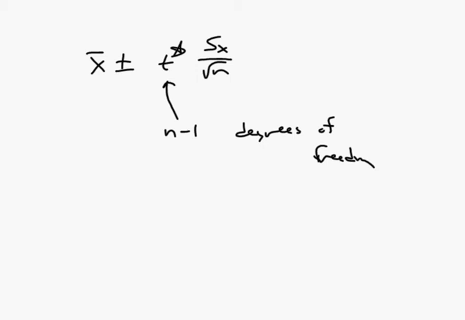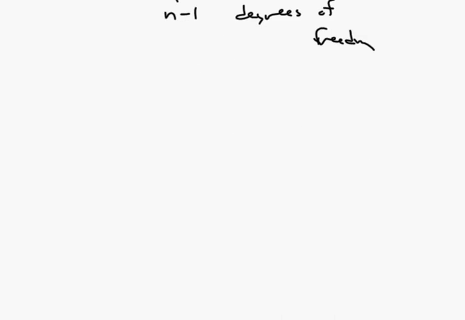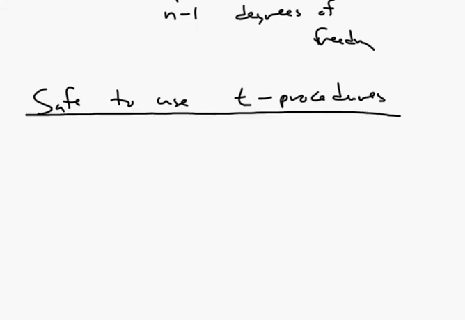Now, you can't use a confidence interval unless you check certain conditions. So we need to talk about those. All right? So when is it safe to use the t procedures? Okay? All right, so a couple of conditions. So let's pretend n is less than 15.